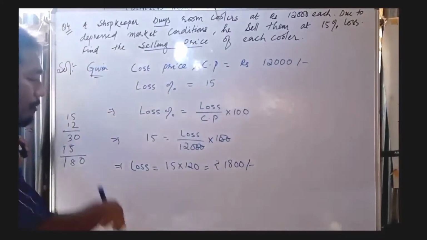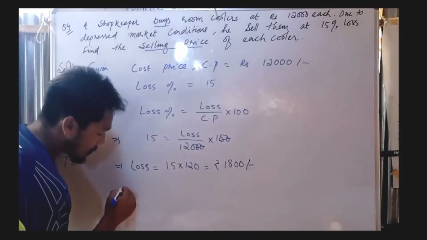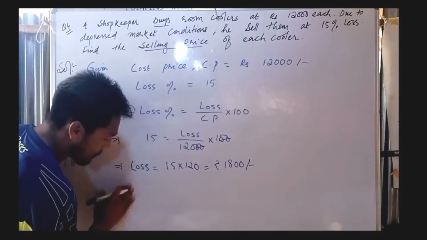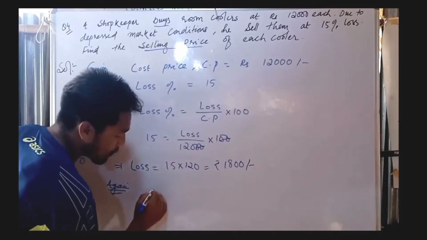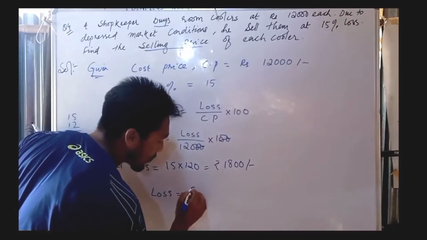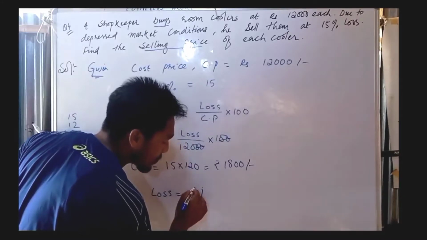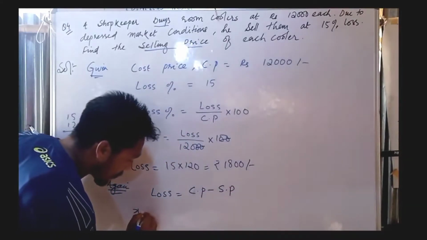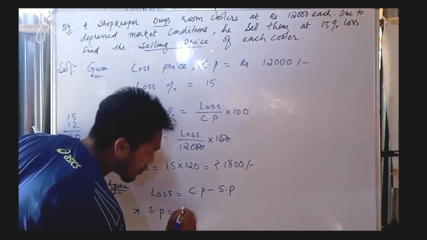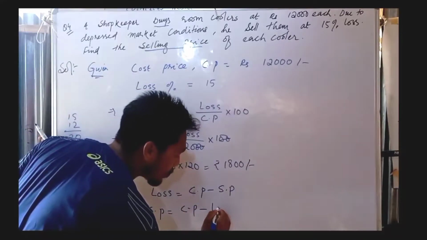Now we are asked to find for how much amount he sells. Again, you are asked to find the SP. We know the loss is equal to CP minus SP. Now if I send this side, we can find SP is equal to CP minus loss.